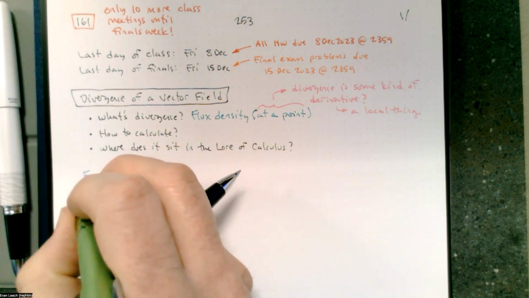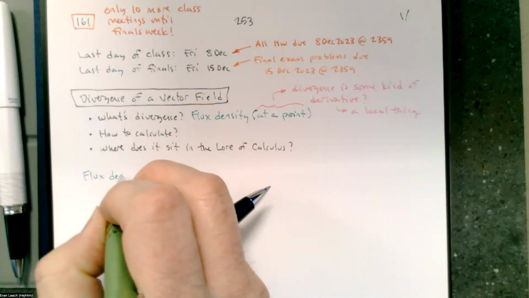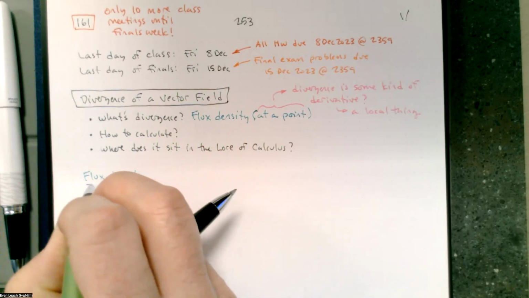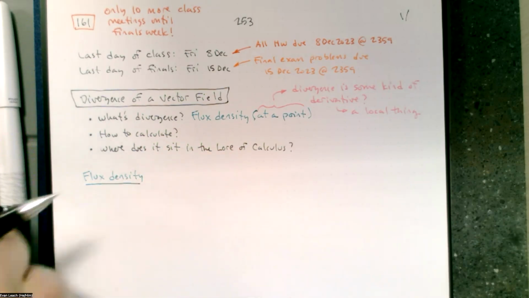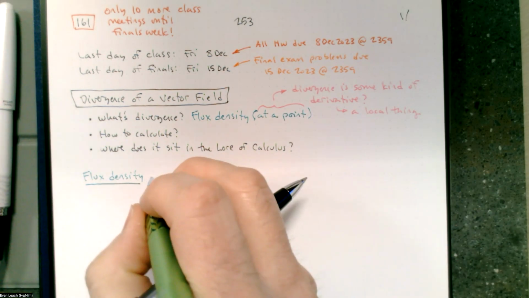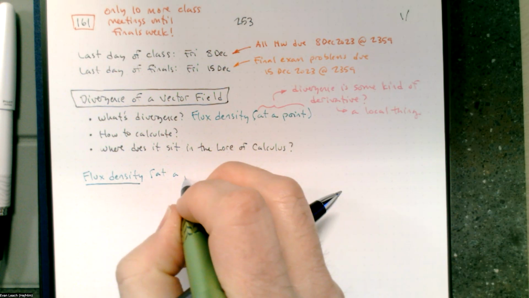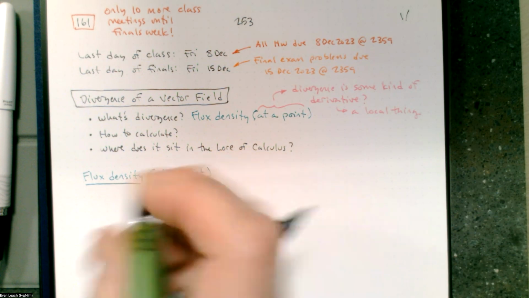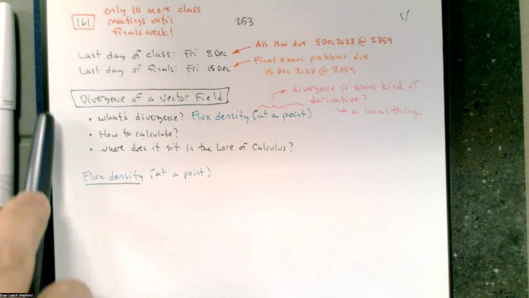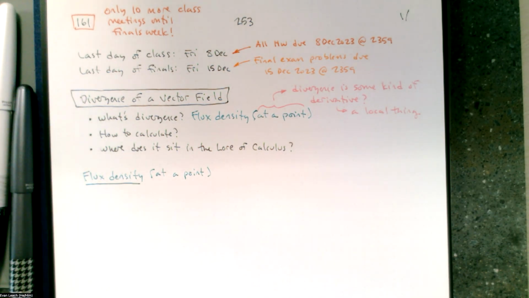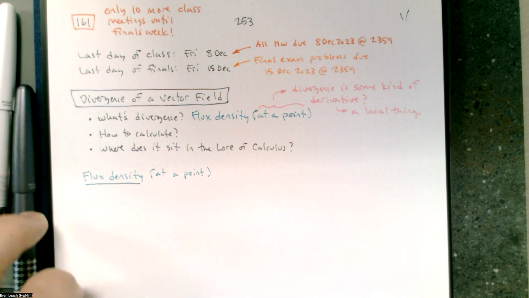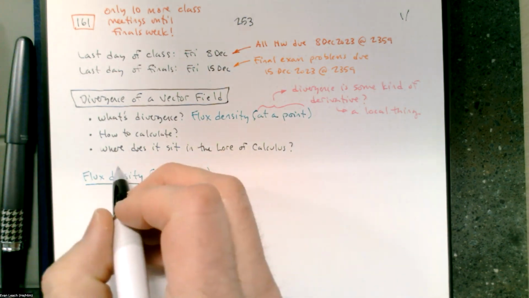So let's think about flux density. Since we're calling this a density, it's how much of something there is divided by how much space it takes up. That's what density is about.